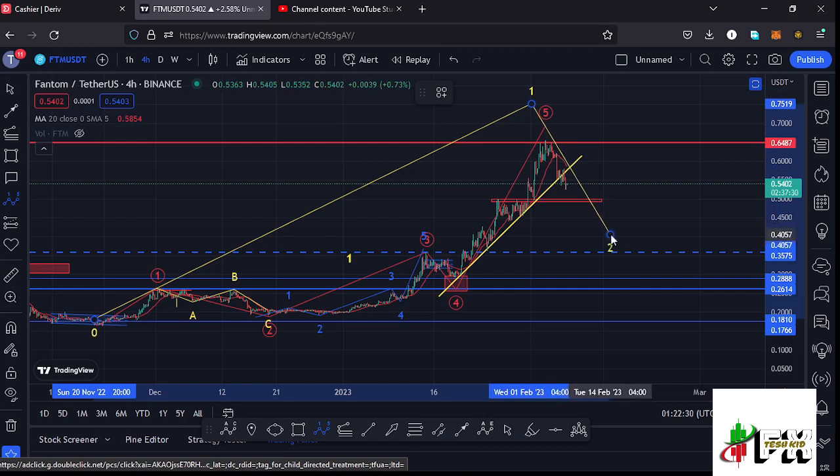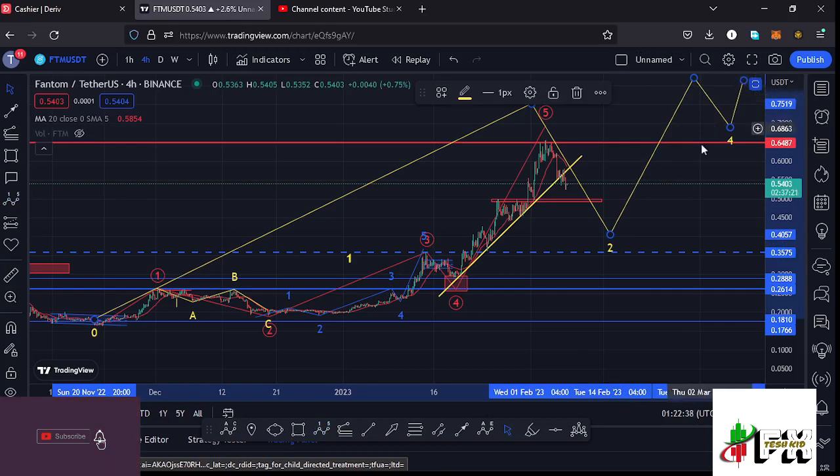And once we fully maximize the formation of this wave 2, then we can expect another bounce to the upside in the formation of that wave 3, then expect a wave 4, and then push even higher in the formation of that wave 5.